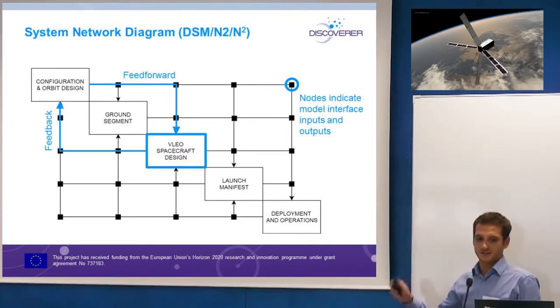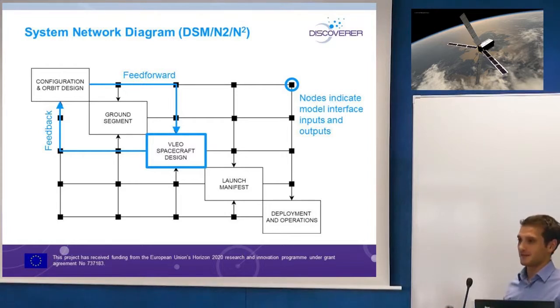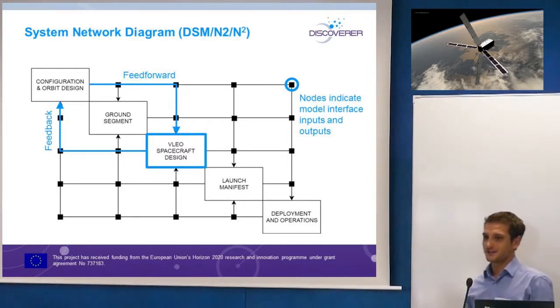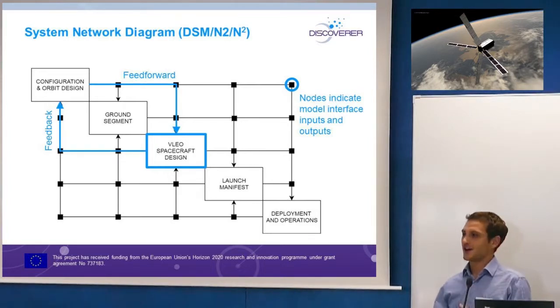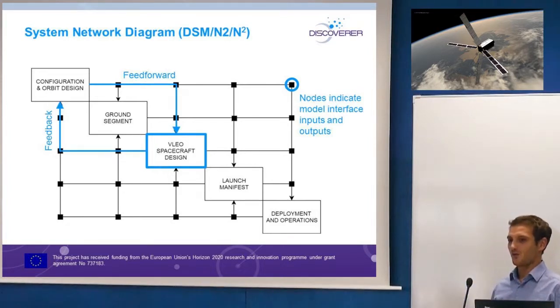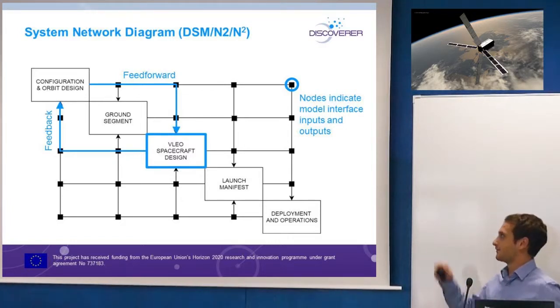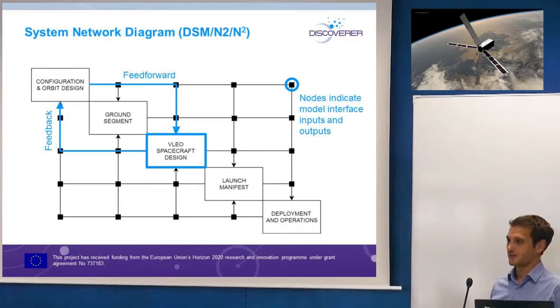So we have various things across the diagonal, which may be subsystems, they may be models themselves, and we can indicate connections or interconnectedness between them with the nodes on the diagrams. And in this case, at the moment, I have everything connected up to everything. And it's our challenge to figure out where these things are connected, how they're connected, and then also to perform the links of information across these connections.